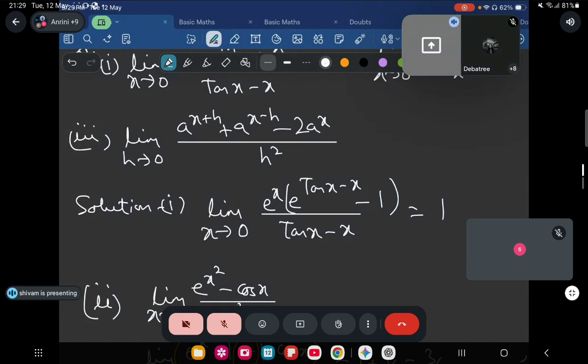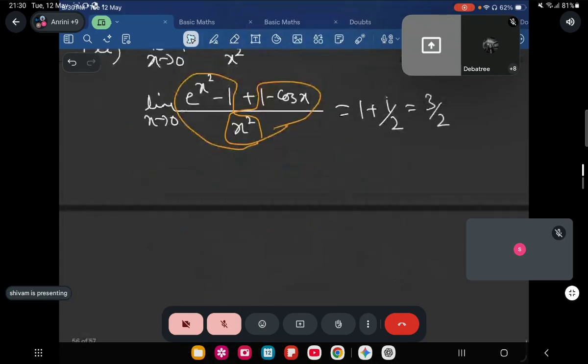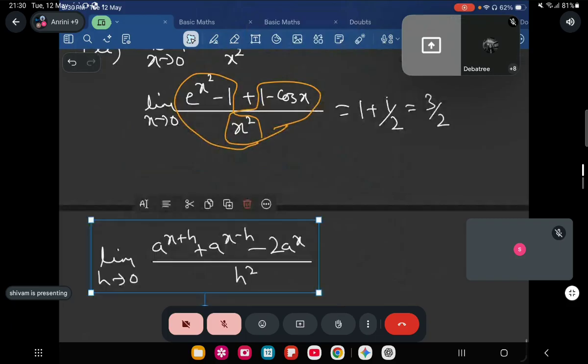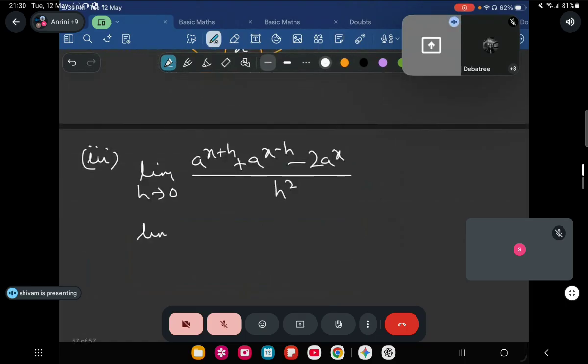Okay, so everyone see part 3. I think you people can realize that it can be made a perfect square. Let's see. This is part 3. So I've got 8 to the power x plus h plus 8 to the power x minus h minus 2 times 8 to the power x, by h square.